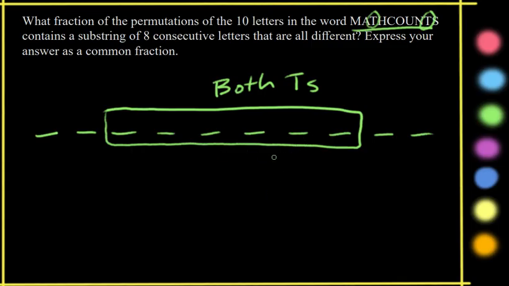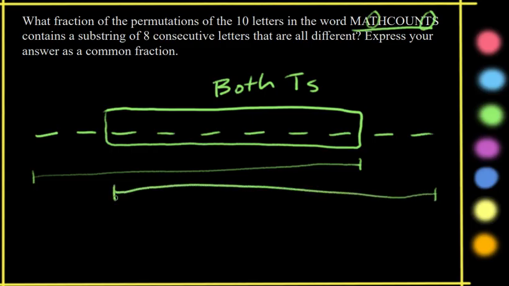Because every substring of 8 consecutive letters, whether you start at the beginning or whether you go all the way to the end, you will always contain this region. And so if both T's are in there, then you won't have 8 consecutive letters that are all different. So maybe it'd be easier to figure out what fraction of the time both T's are in this middle region, and then do 1 minus that at the end.